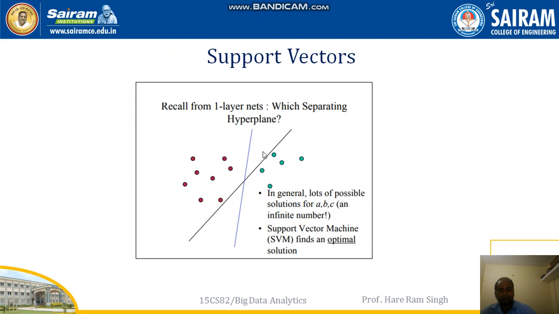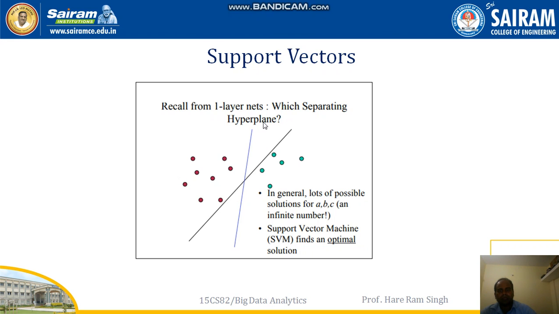Now, suppose data sets are there, and we have to divide them. In general, there are lots of possible solutions, A, B, C, an infinite number of divisions we can make. The support vector machine finds an optimal solution.